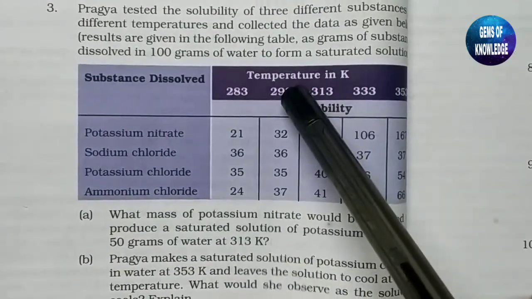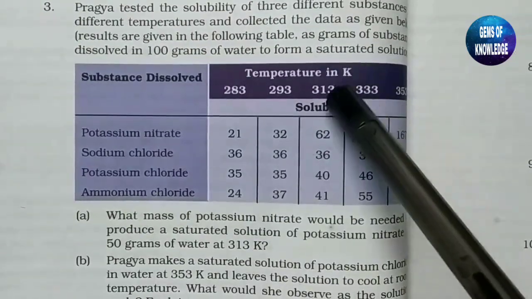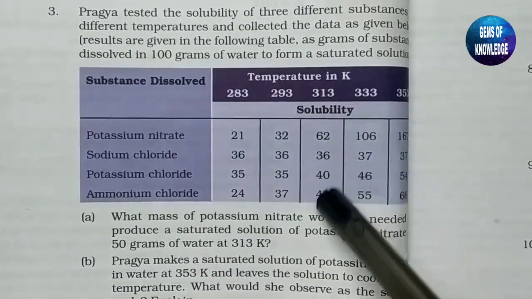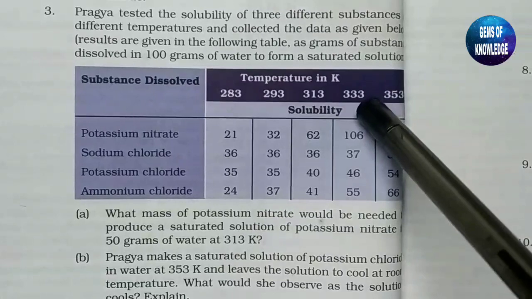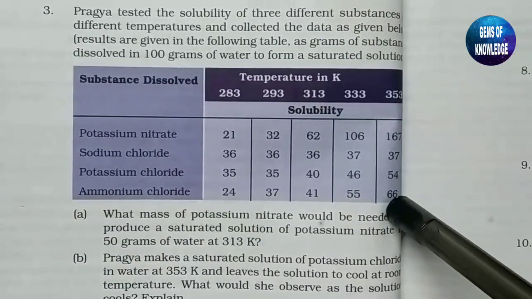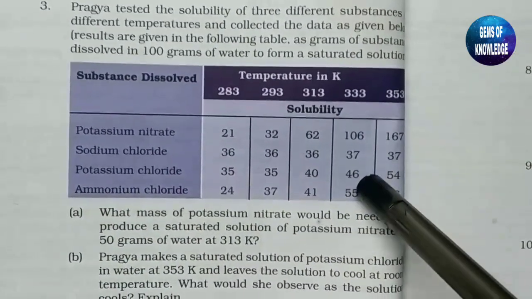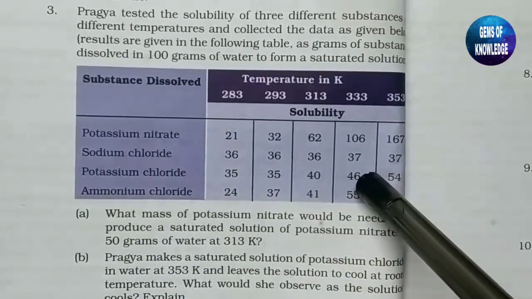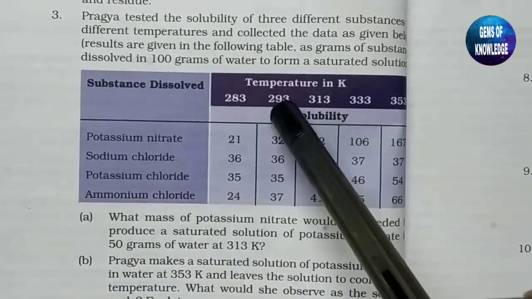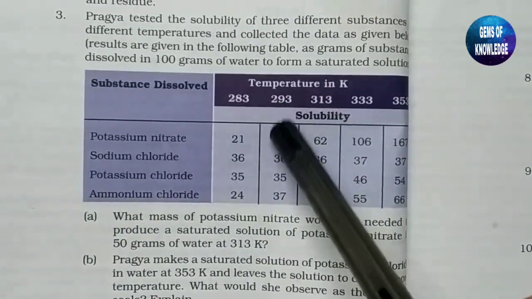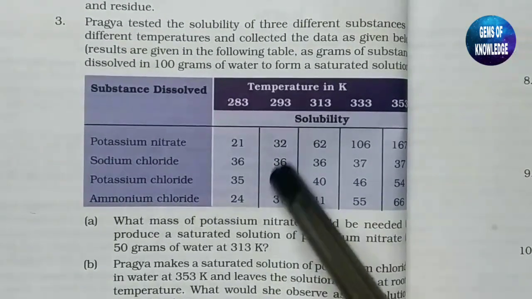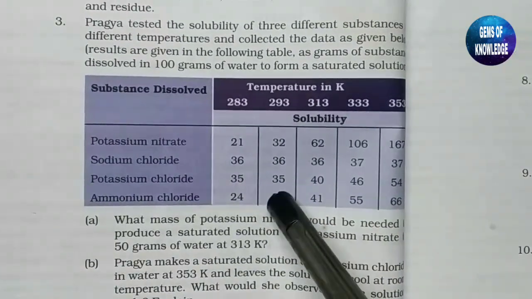So at 293 Kelvin, these are the solubilities, and at 313 Kelvin, these are the solubilities. Similarly, at 333 and 353, these are the solubilities. So according to the third question, we have to find out the solubilities at 293 Kelvin.